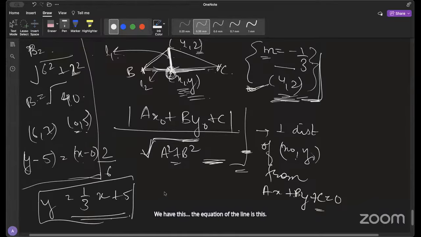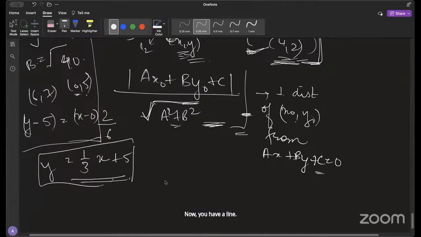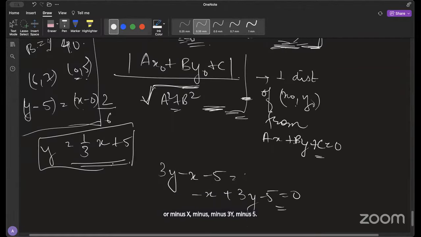To use this formula, you need the equation of the line in general form. So this will be x minus 3y plus 15 equals 0, which is the equation of the line in general form.